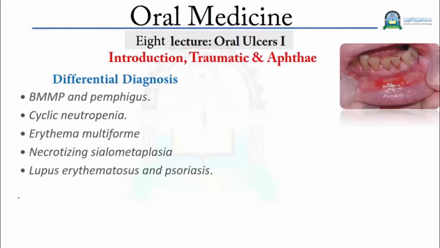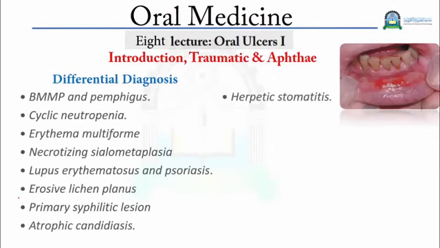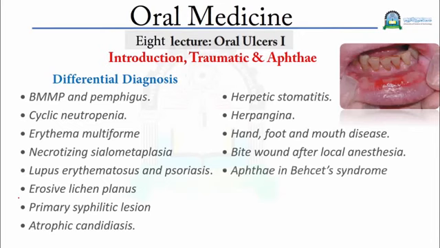What are the differential diagnoses? What are the similarities of recurrent aphthous stomatitis which we should take into consideration during the diagnosis of an ulcerative lesion? Mucous membrane pemphigoid and pemphigus is the first differential diagnosis.